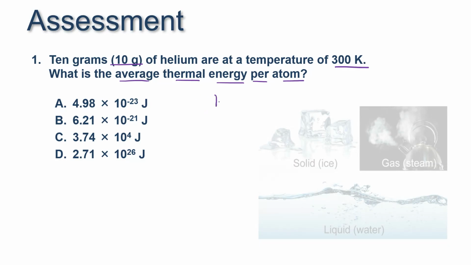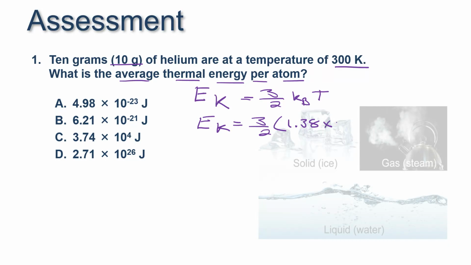Well, the formula for that is E sub K is equal to 3/2 times Boltzmann's constant times the temperature in Kelvin. Make sure you write this down because there's a homework problem that's just like this. Times 1.38 times 10 to the negative 23rd times 300.